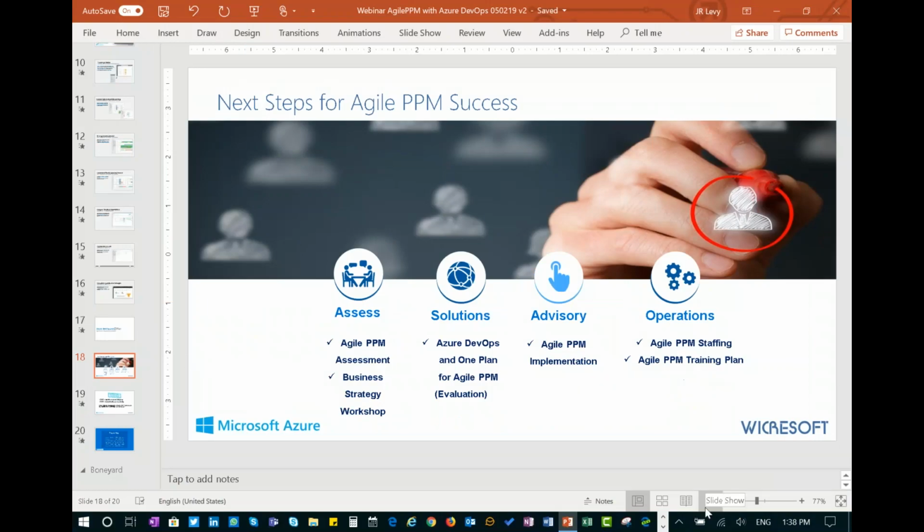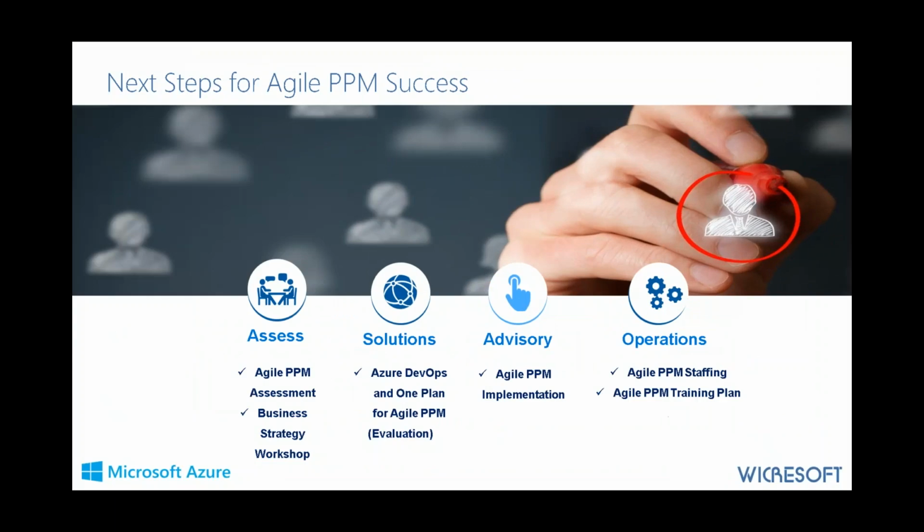So I just want to provide some additional insight into how you would actually implement a solution like this. Based on our approach of advisory, solution, and operations, we bring to the table a full set of services to ensure that you have true adoption of this approach, this methodology, within your organization.